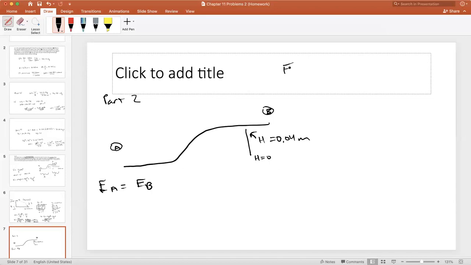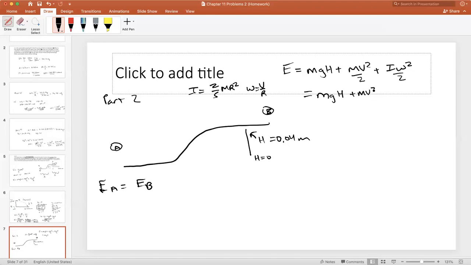Recalling that I wrote the energy at any one point is mgh plus mv squared over 2 plus I omega squared over 2. Furthermore, let's put in, recalling that I for a solid sphere is 2/5 mr squared, and that omega is v over r.